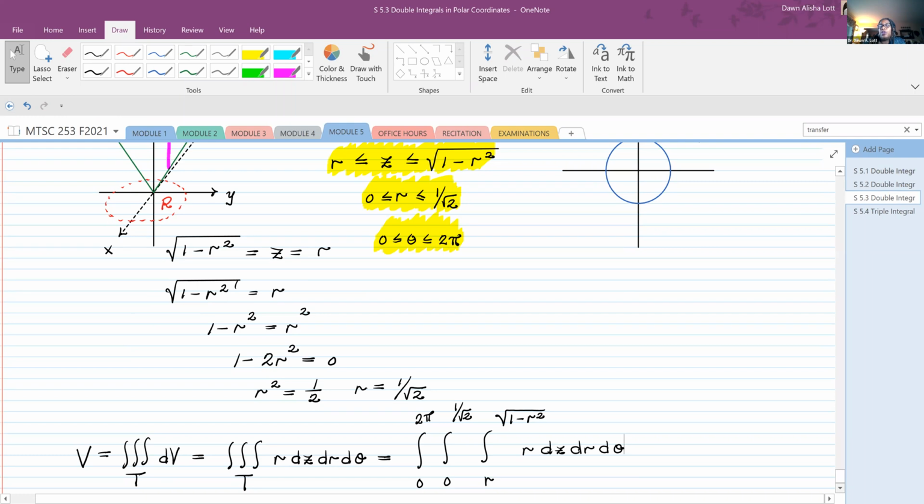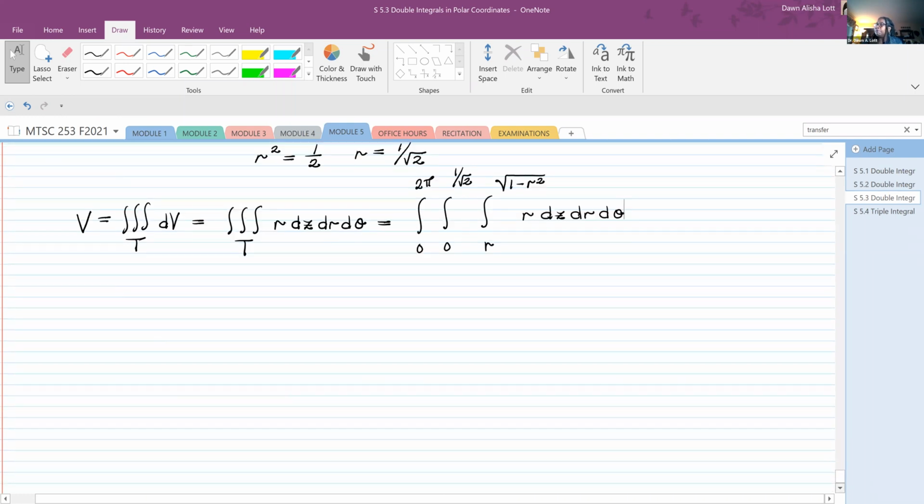Cartesian should always be spelled with a capital C, as far as I know.